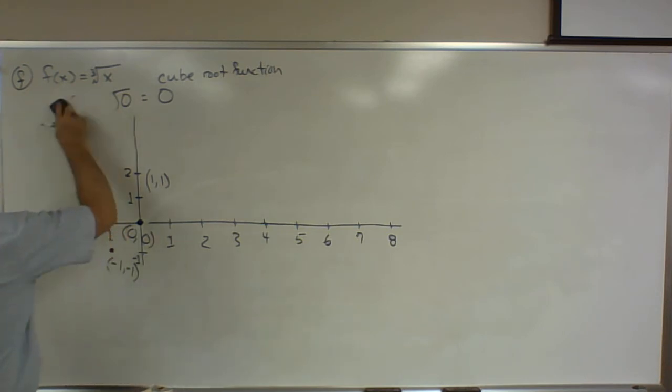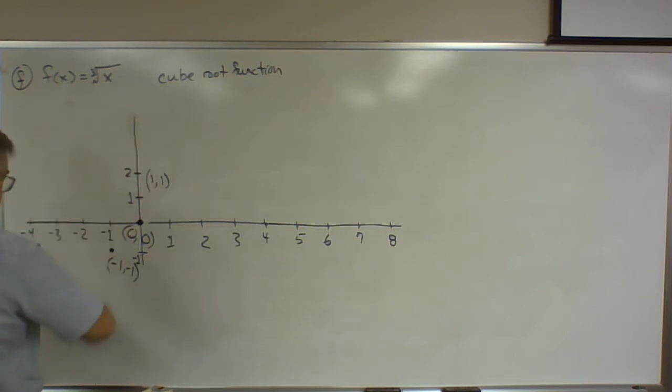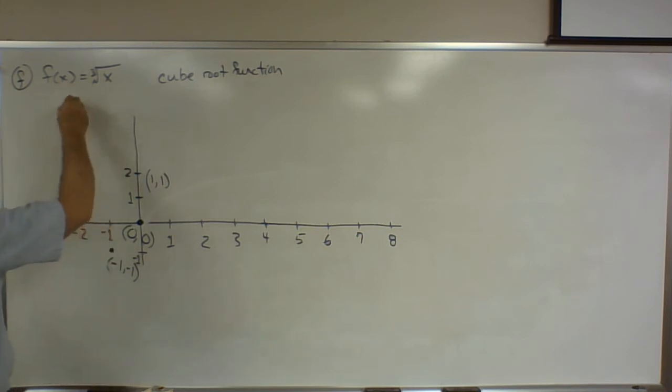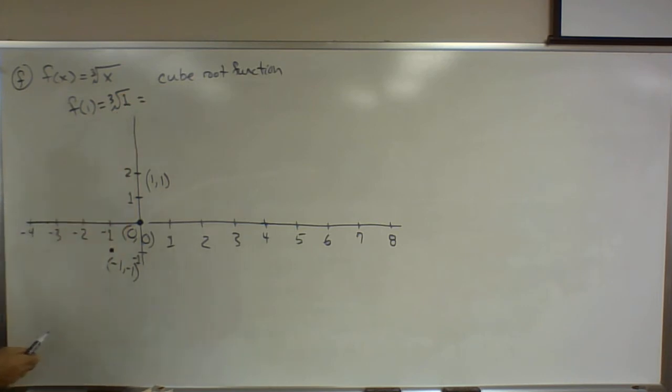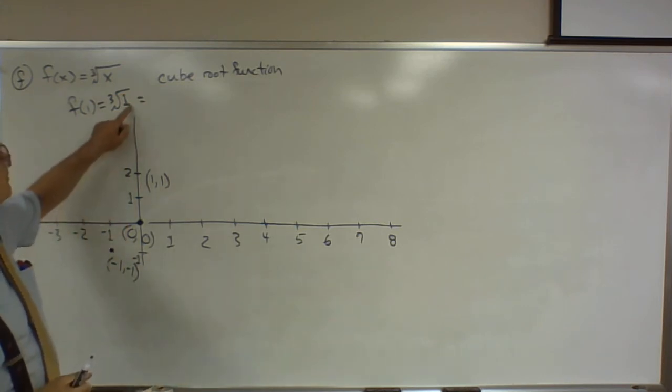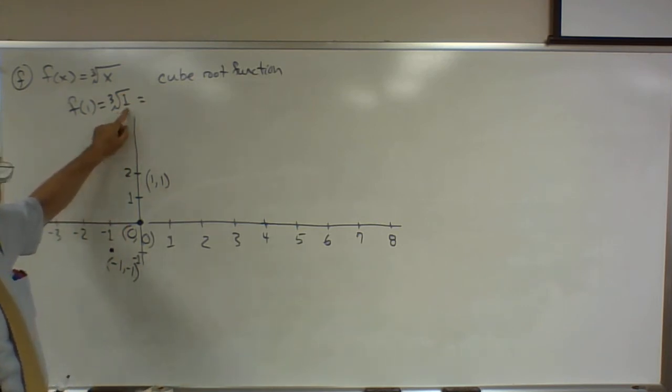And we'll try 1, x equal 1. That always works. We have the cube root of 1. Let's see. What number do we multiply by itself 3 times to get 1?